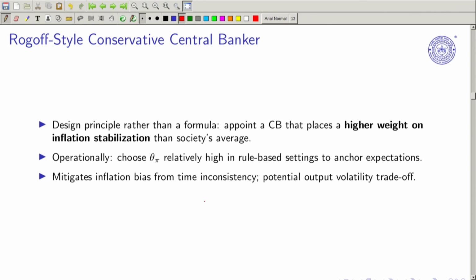There is also a debate, as I mentioned in the last-to-last sessions, where we discussed the persona of the central bank, whether he is conservative, whether he is hawkish on inflation or dovish, right? Kenneth Rogoff suggested that if a central bank governor is appointed who gives a higher weight to inflation stabilization, then what is the average expected inflation rate, it brings a good amount of control on inflation.